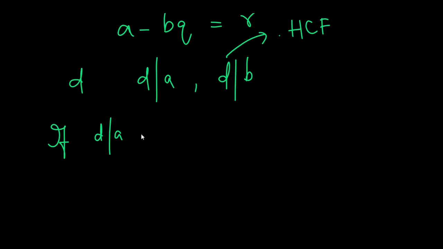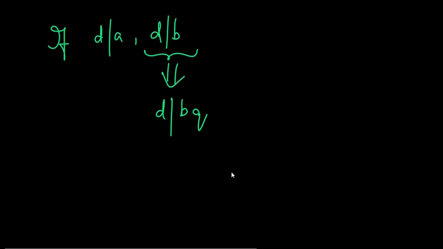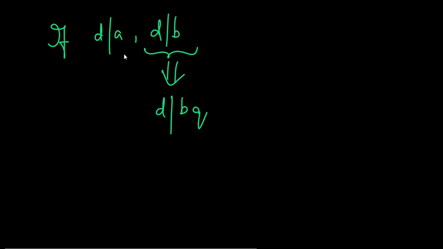If D divides A and D divides B, take this condition: D divides B implies D divides BQ. Now consider D divides A and D divides BQ.